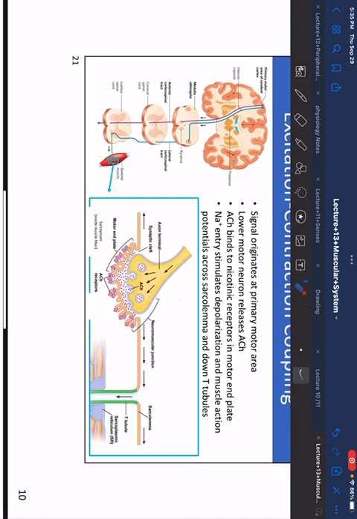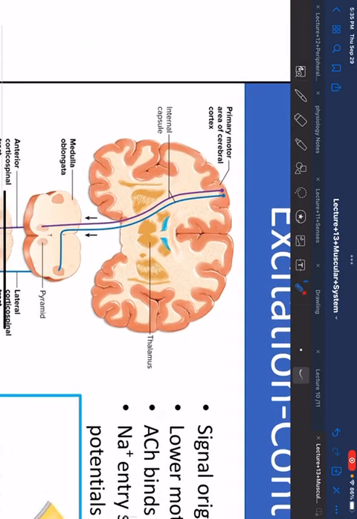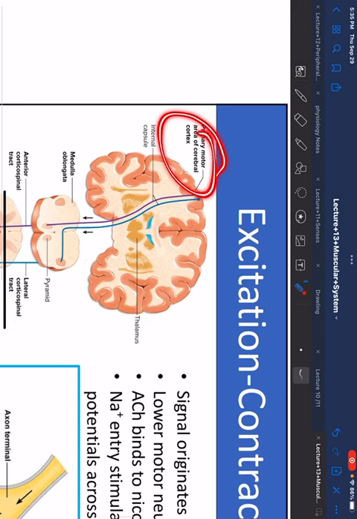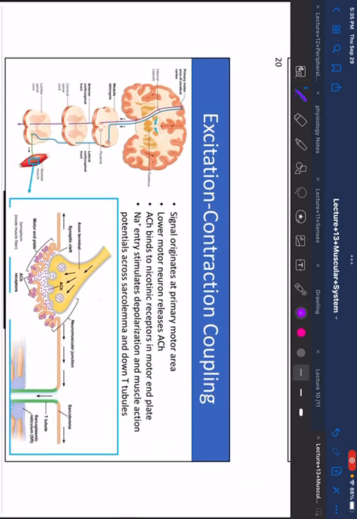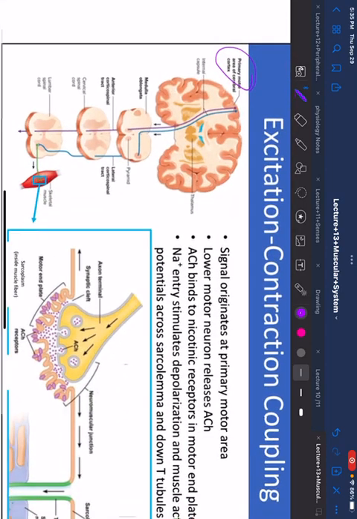So up here, you'll see a neuron, or an upper motor neuron, that originates in the primary motor area of the frontal lobe. This neuron will then descend down through the brain, cross over to the opposite side, and then extend into the spinal cord. This is one long neuron. And remember, when you initiate muscle contraction, it controls muscles on the opposite side of your body.